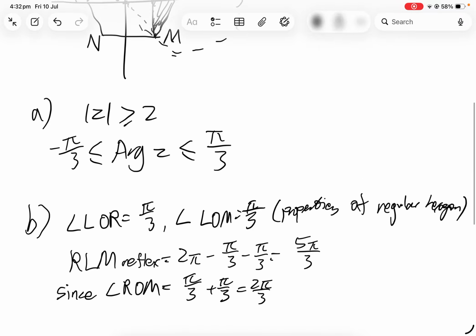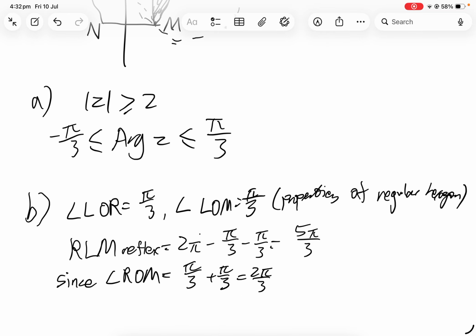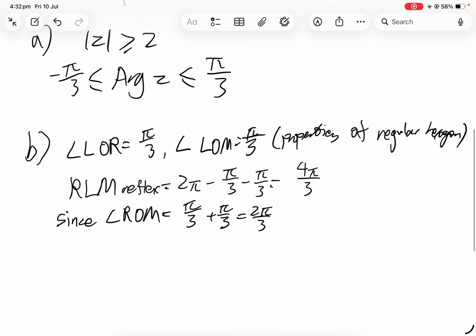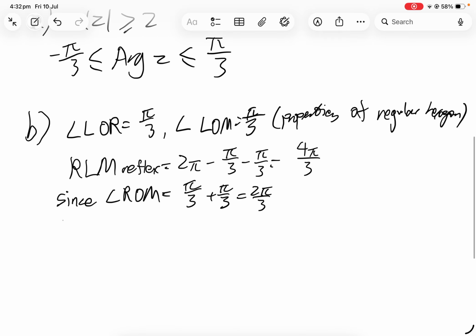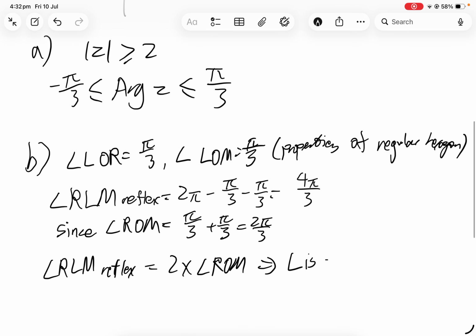Wait, that's not right. It should be 4. Okay. And then that means reflex angle RLM equals 2 times angle ROM, proving that L is the center of the circle.